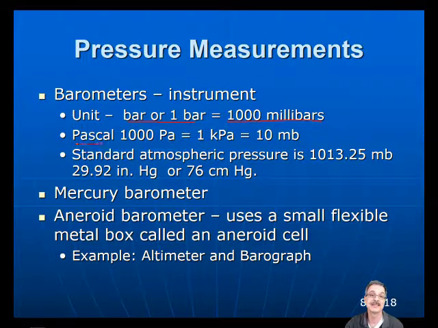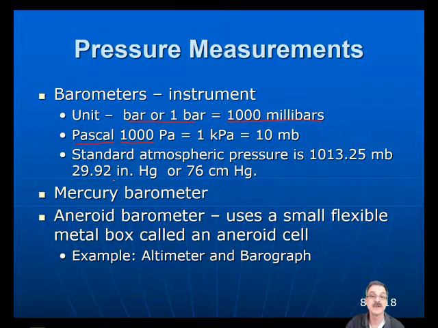Another unit is the Pascal, and 1,000 pascals is equivalent to 1 kilopascal, which is equivalent to 10 millibars. And what we're going to take as standard atmospheric pressure is 1,013.25 millibars. We'll round this down to 1,000 because 1,000 is a much easier number to deal with.